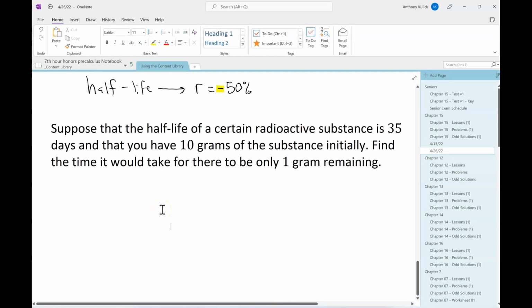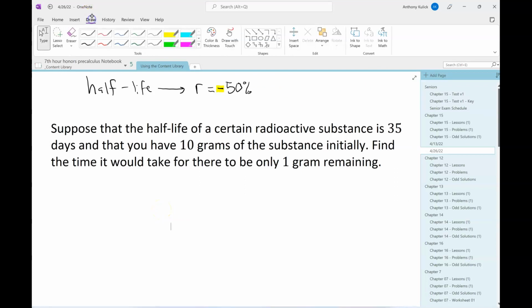It says, suppose the half-life of a certain radioactive substance is 35 days, and you have 10 grams of the substance initially. Find the time it would take for there to be only 1 gram remaining. Again, when I read this, it reads to me like 2 separate questions. The first question would be, write a model given this information.